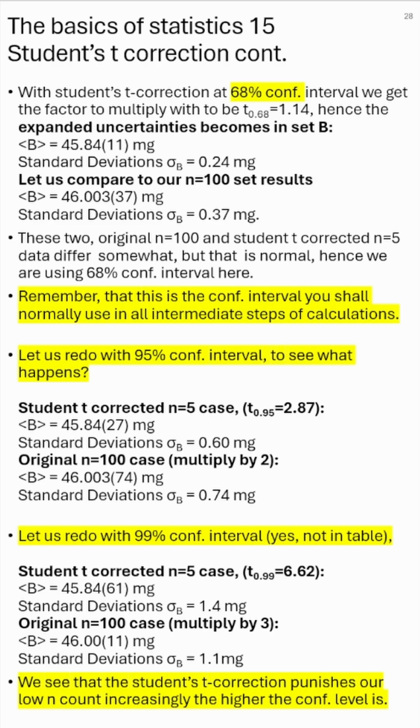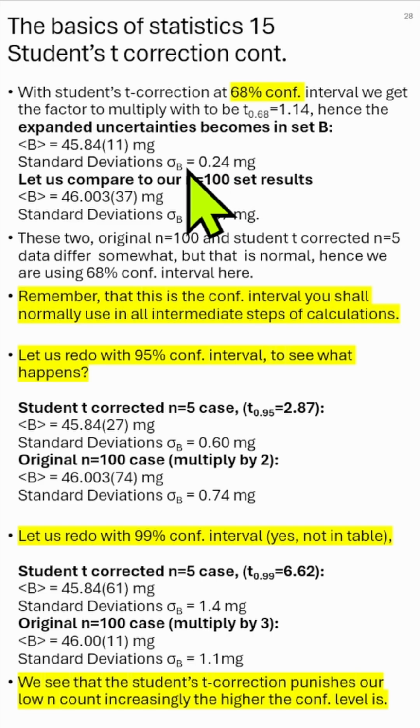So with the student T correction at 68% confidence interval, we get that the factor to multiply with was 1.14. So we increase the standard error by 14%. And then we get for the B set 0.11 milligram in standard error, and the standard deviation became 0.24 milligram. So let's just look at the B set now.